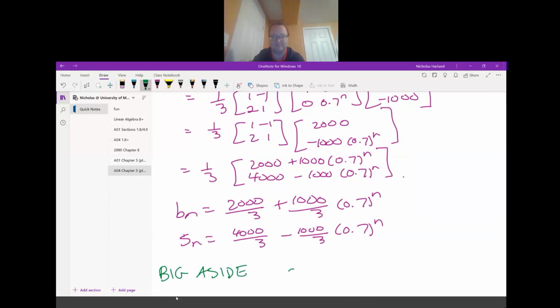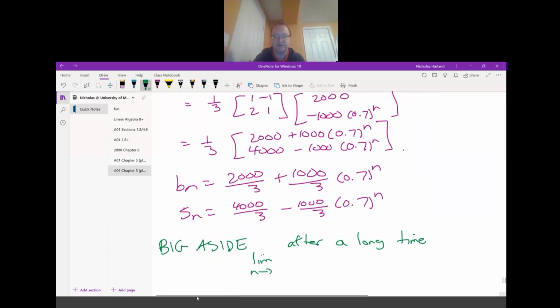Yeah. So after a long time, for those of you with calculus, that's going to be the limit as n goes to infinity of the vector A^n. So this is just a constant.